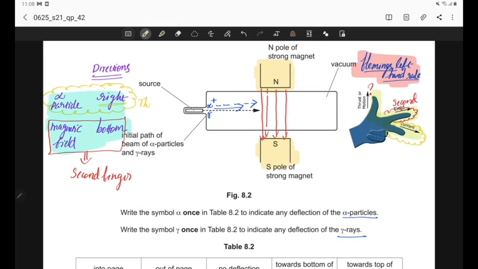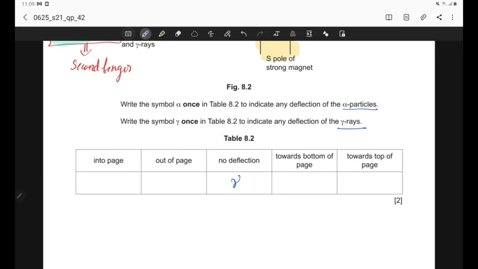So your third finger should point towards the right, as it should indicate the path of the current or the path of the alpha particle. When you point your second finger to the bottom and your third finger towards the right, you can see your thumb directing automatically into the page, so the motion of the alpha particle will be into the page. So here, in the first box, we can write alpha.